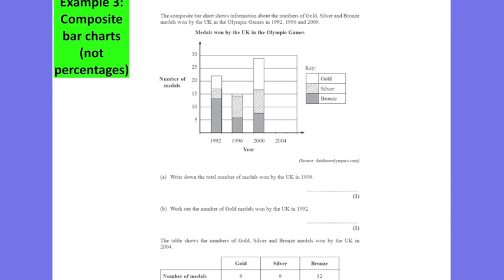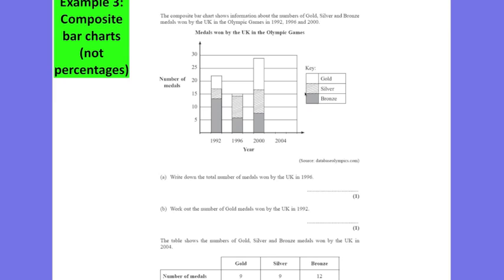Example number 3, composite bar charts, not percentages. Here, the composite bar chart shows the information about the numbers of gold, silver and bronze medals won by the UK in the Olympic Games in 1992, 1996 and 2000.